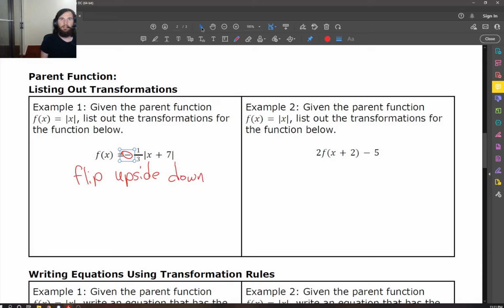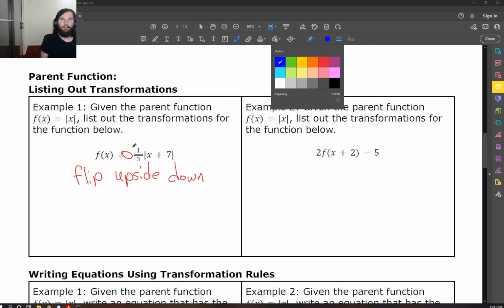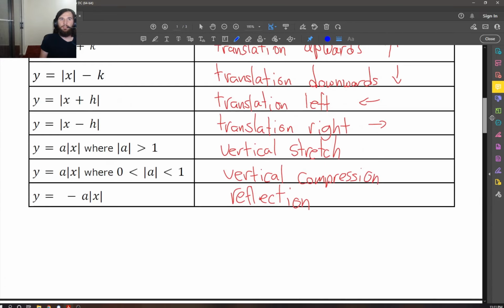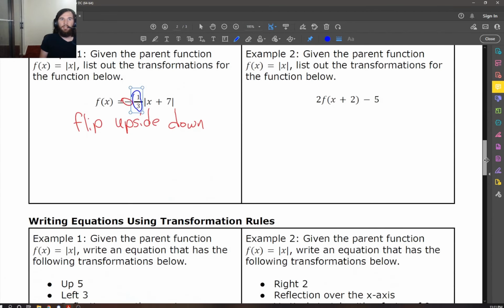And then the 1/3, we're dividing, that is going to cause it to, looking at our notes, vertical compression. So it's going to compress by 1/3.